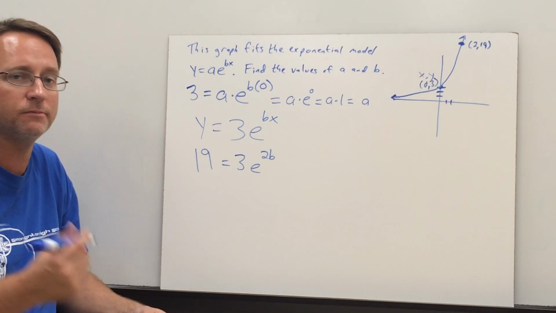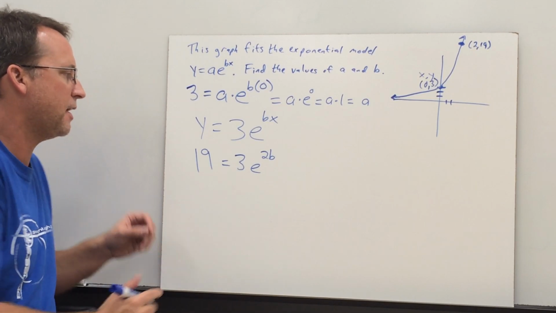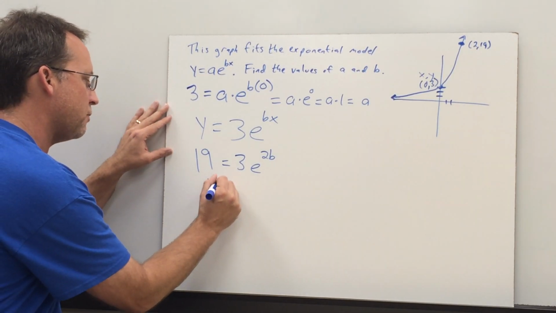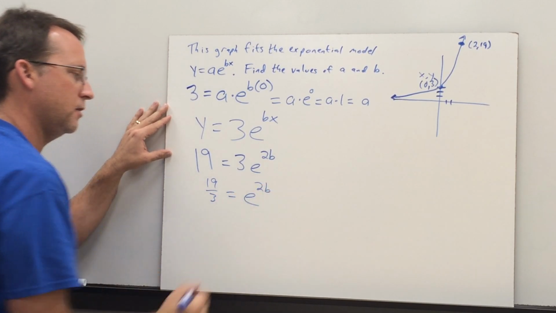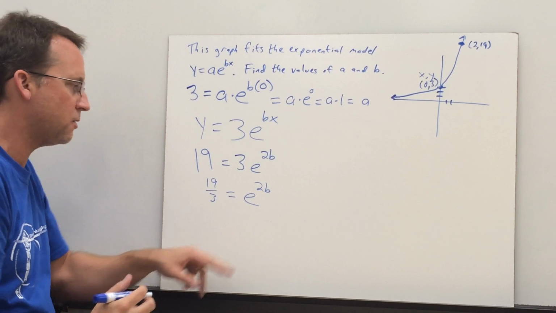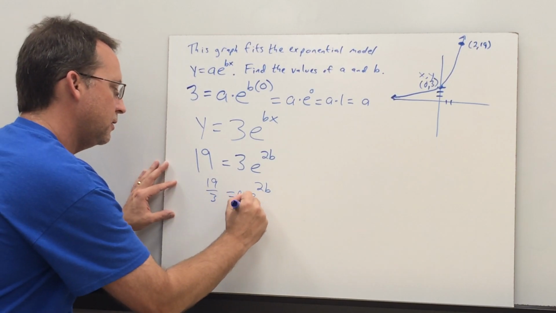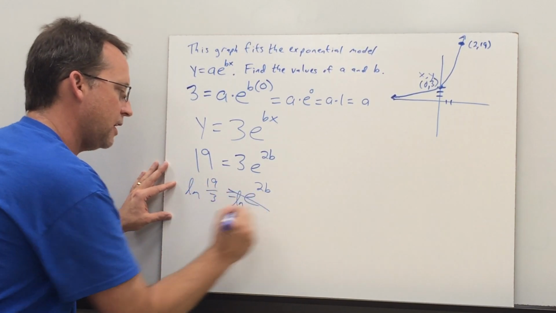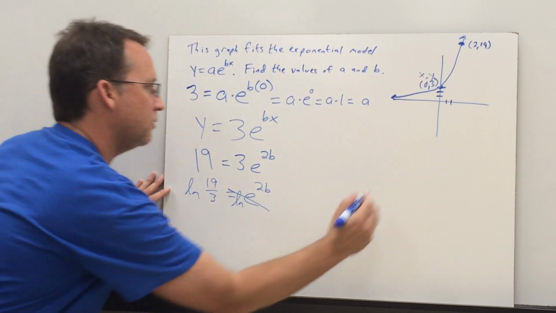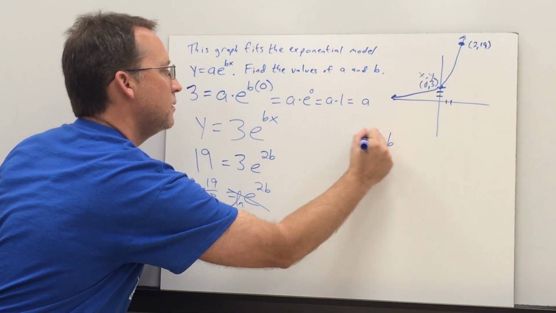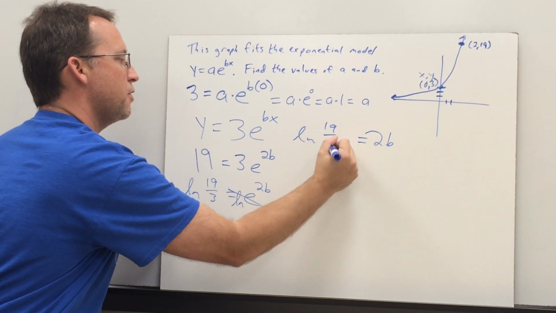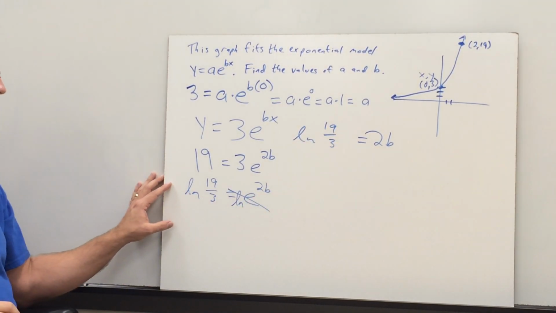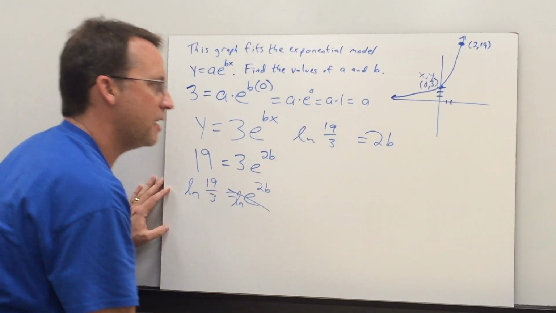And now I can solve this and figure out the value of b. With a calculator, I can use the graph. Without a calculator, I can divide both sides by 3. I've got to get rid of my e here, so take the ln of both sides. Cancel that out. Over here, I'll go 2b equals ln of 19 thirds. And then whatever that equals, I would divide it by 2.